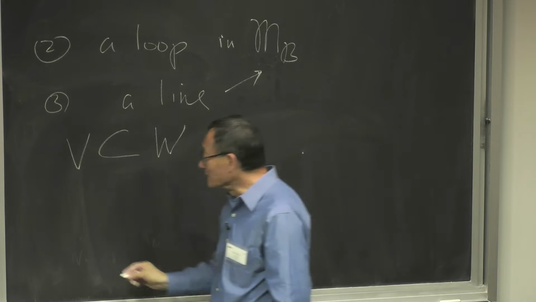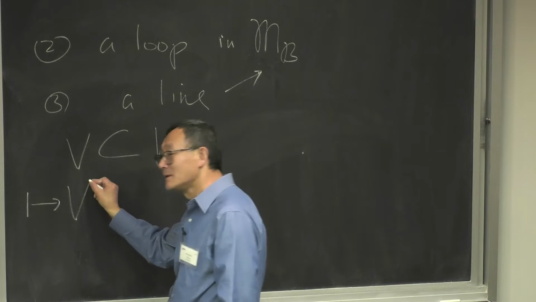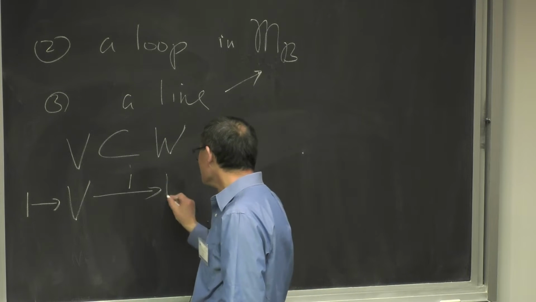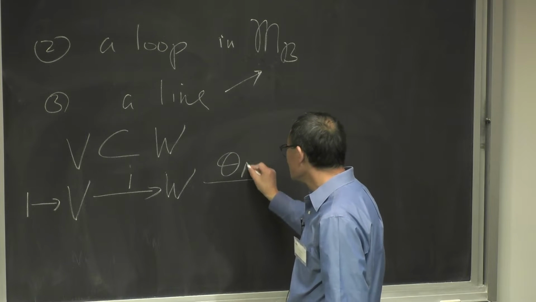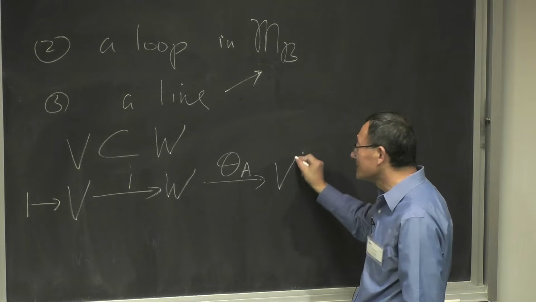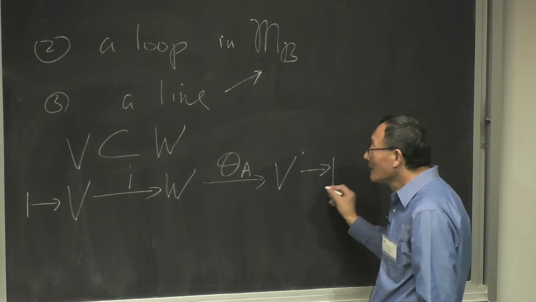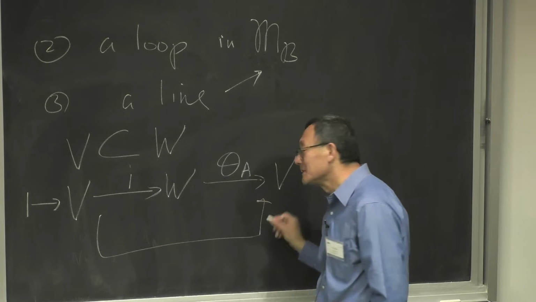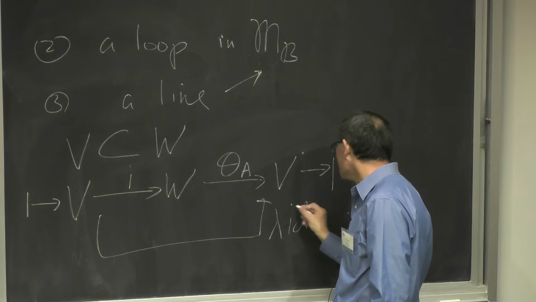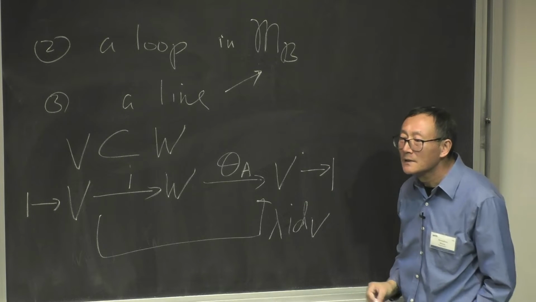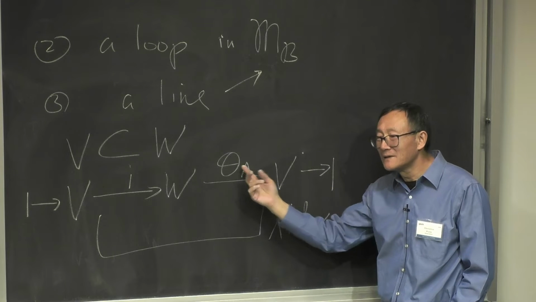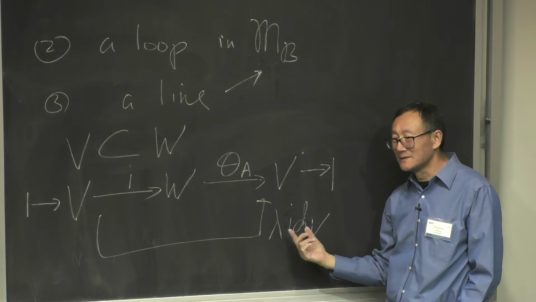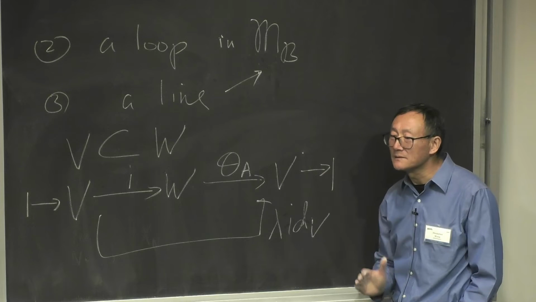And error correction just means you take your space, you embed it into this bigger space. You take any local operator, you project, and this composition should be lambda times identity on V. So it means that this local error can only do 2 things, nothing or perpendicular.